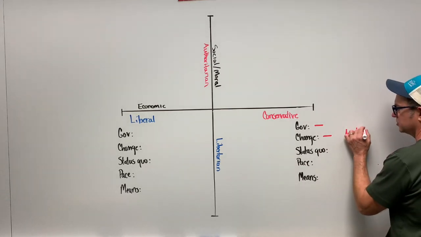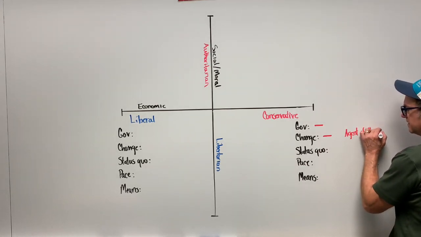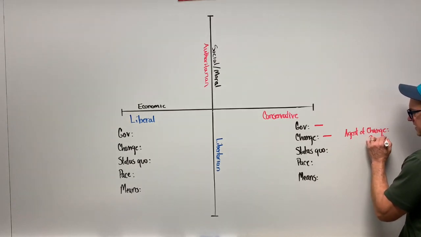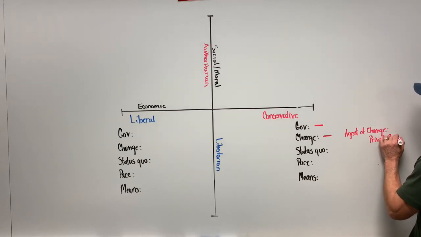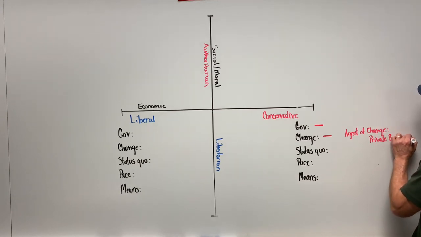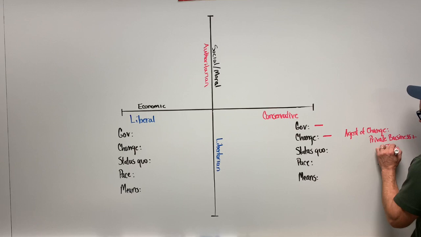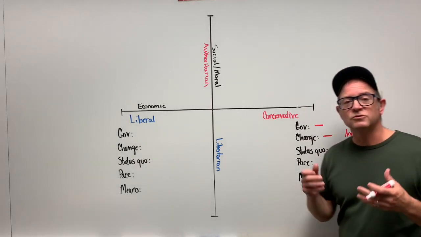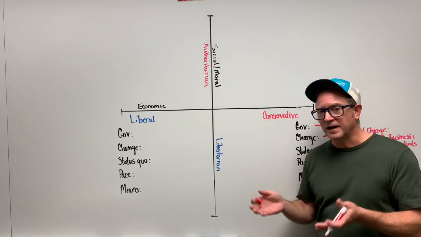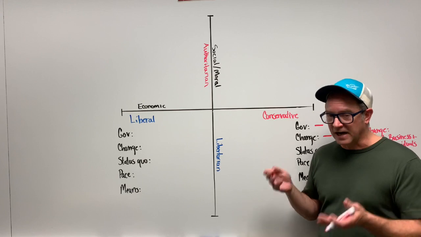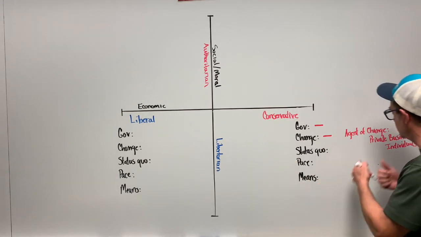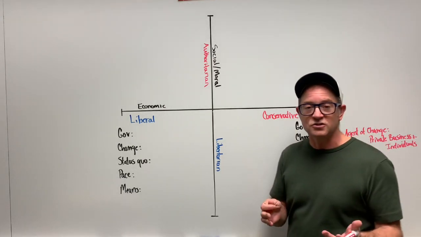So the agent of change should be private businesses and individuals. It's the market that will tell a conservative whether or not a change needs to occur, not the government. And then your private business would institute the change, or you, a private individual, will institute the change.